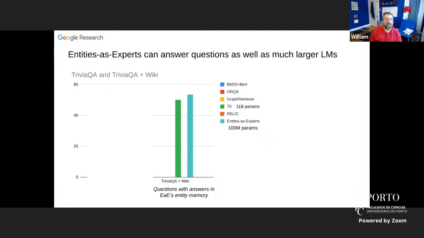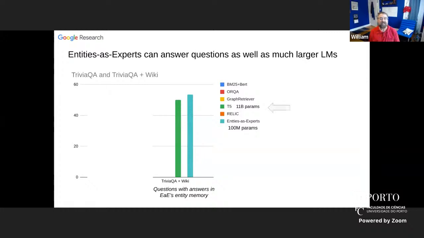This is a bunch of questions from a data set called TriviaQA, where the answers were expressible in this format, so they were entities in the entity memory, which is about 1 million common entities. Not everything, but a lot. And it does pretty well.